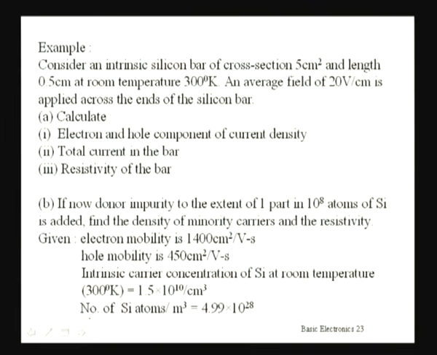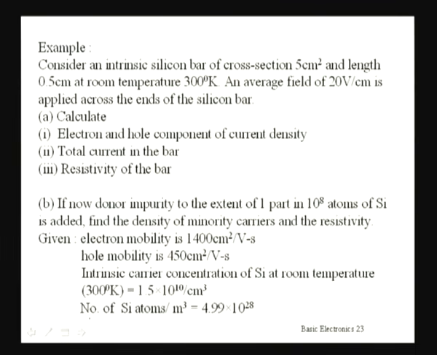Now part A: calculate number 1, electron and hole component of current density, number 2, total current in the bar, and number 3, resistivity of the bar. Now part B of the problem is, if donor impurity to the extent of 1 part in 10 to the power 8 atoms of silicon is added, find the density of minority carriers and the resistivity.